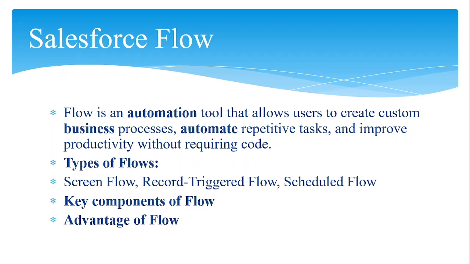Resources, for creating resources we use variables, constants and formulas used within the flow to store and manipulate data. Logic operators allow us to include decision making in our flows, enabling branching paths based on conditions.